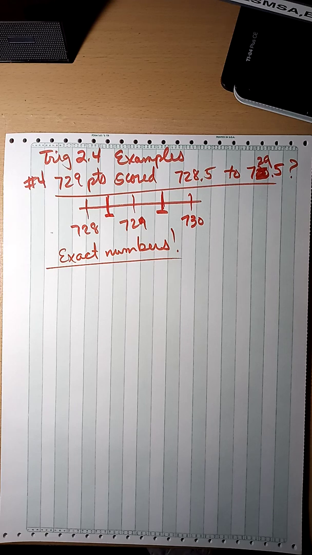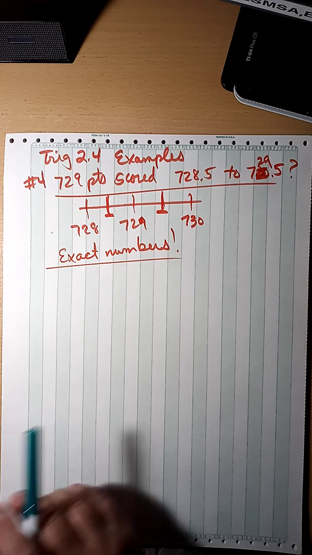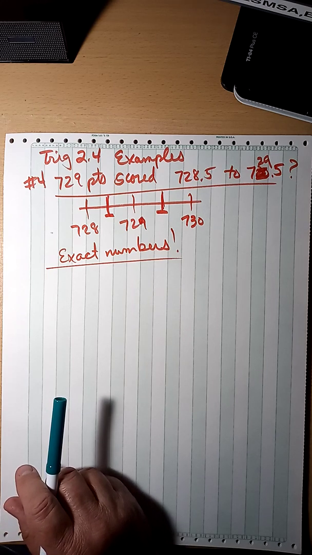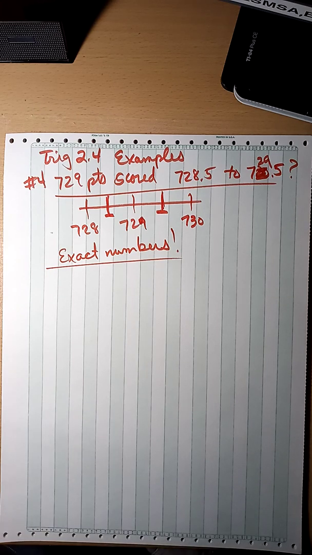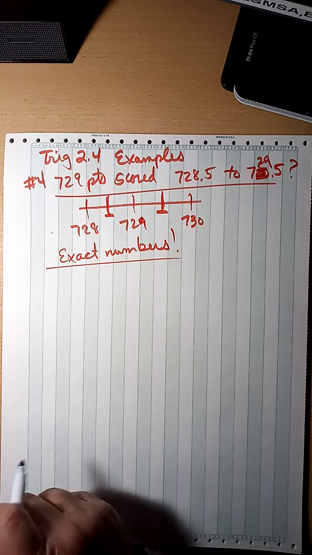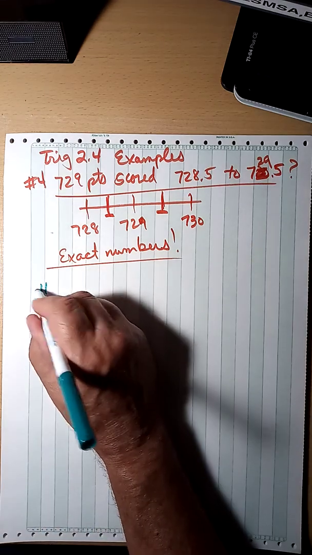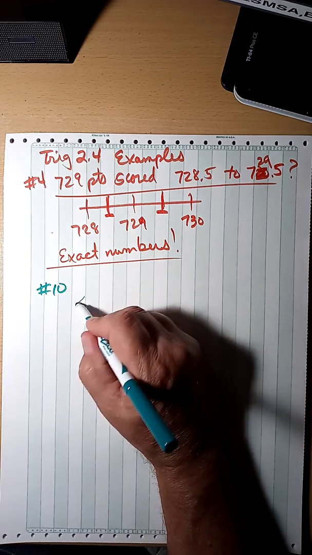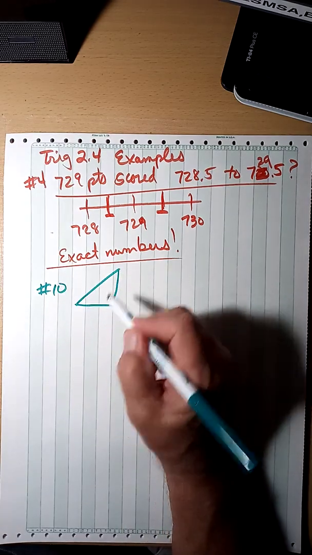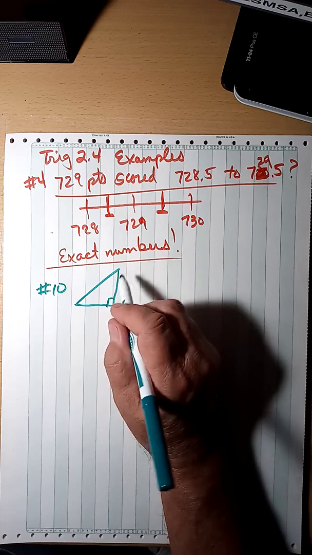Okay, how about number 10? Here it is, solve each triangle. 2 sides are given. Give the angles in degrees and minutes. So for number 10, this is a right triangle.